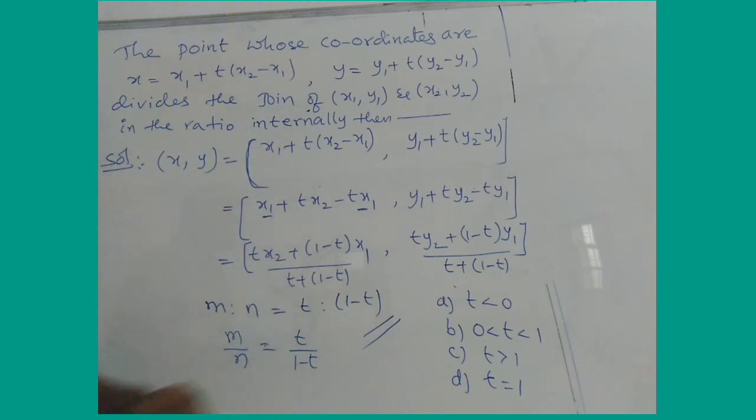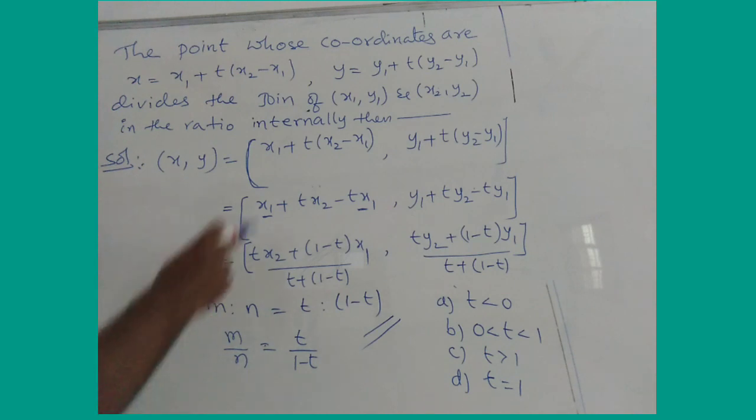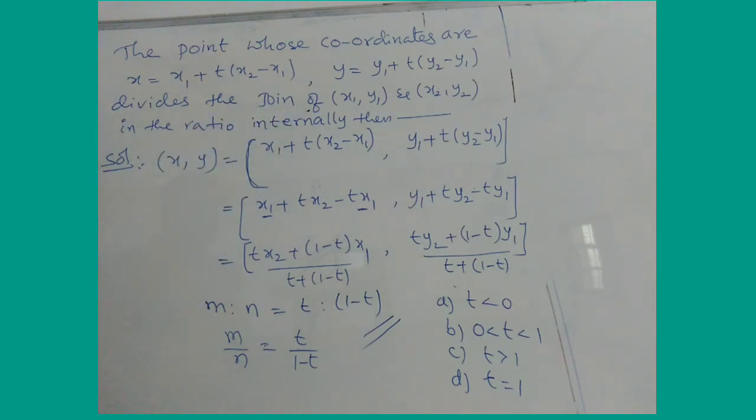Steps are common here. Since he gave internally, so I can write this as greater than 0, right? So look at that, a fraction, this is like a by b is positive, greater than 0.